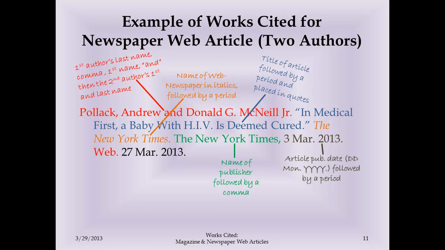Then you put the date of the article's publication, and you follow the same MLA date format. After you use your 4-digit year and a period, you'll put a space and give your source medium, followed by a period, then the date that you accessed that web page, and you follow the same MLA date, followed by a period.